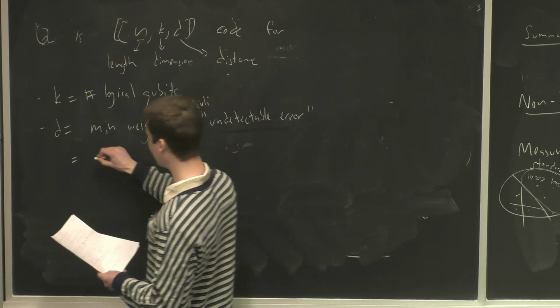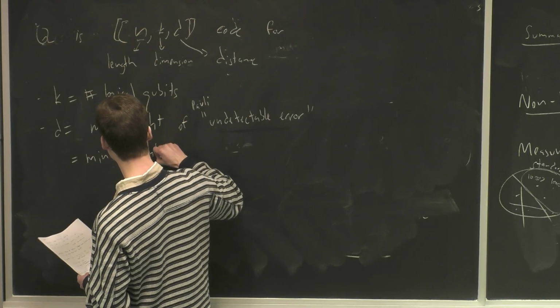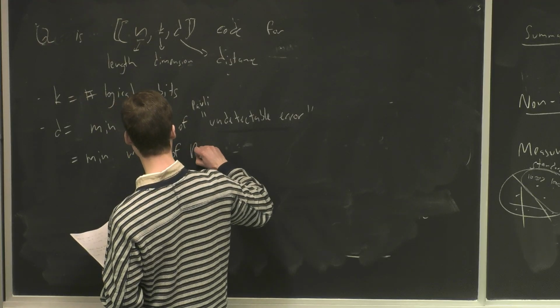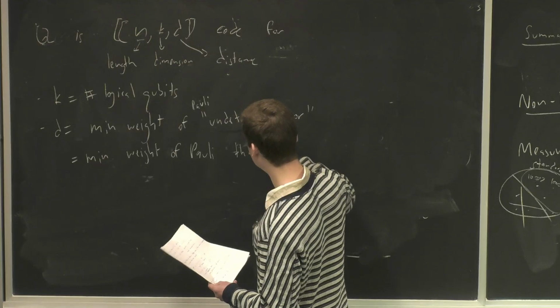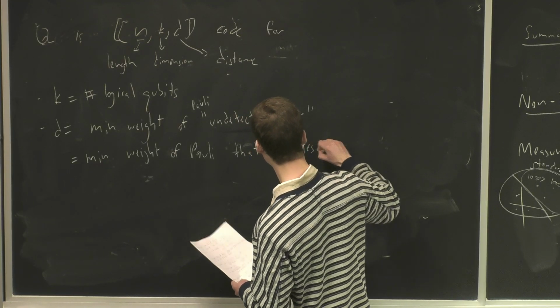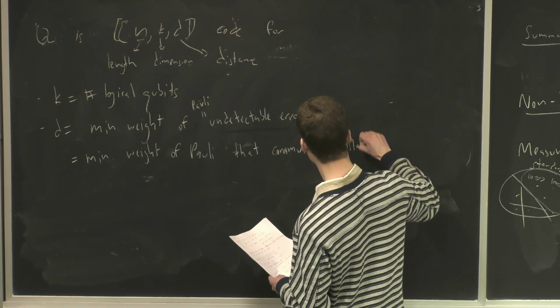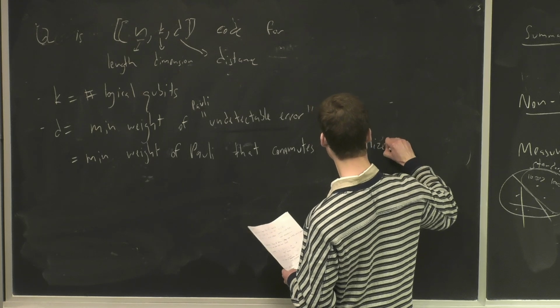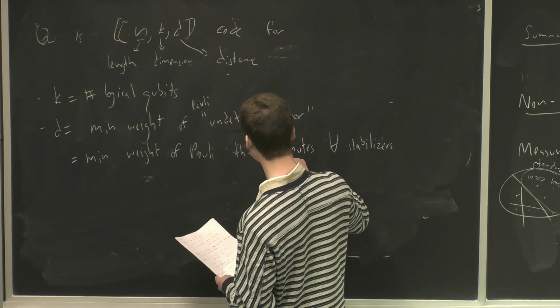So the distance is actually also equal to the minimum weight of a Pauli that commutes with all stabilizers, but is not itself a stabilizer.